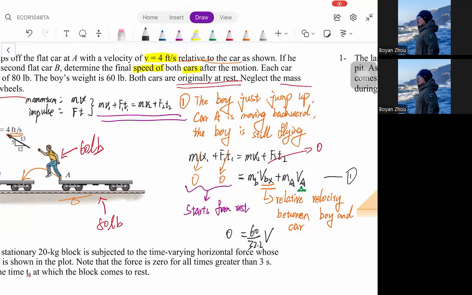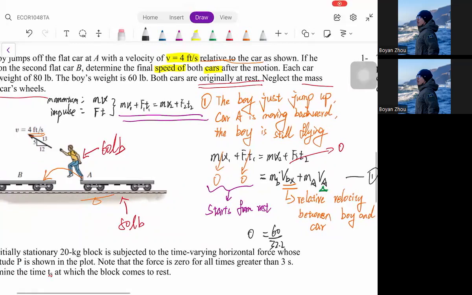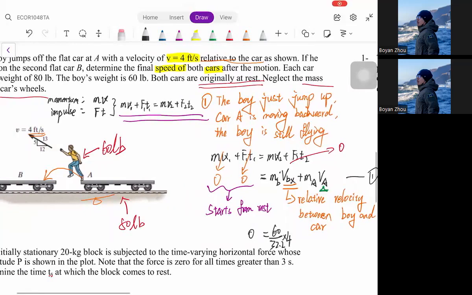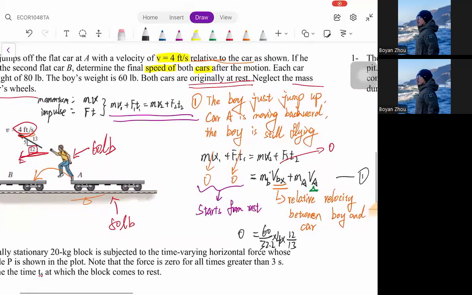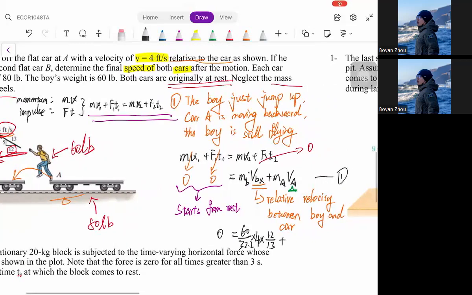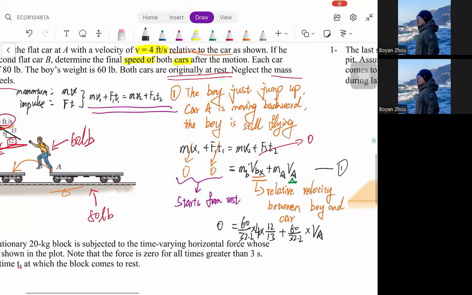So the velocity of the boy in the X direction will be 4 times, so 4 is in the horizontal direction, it's going to be the 12 component here. So that is 12 over 13, plus the mass of the car is 80 pounds times the velocity of the car.